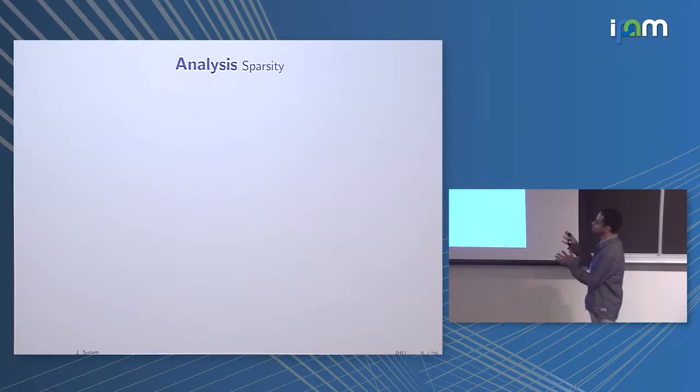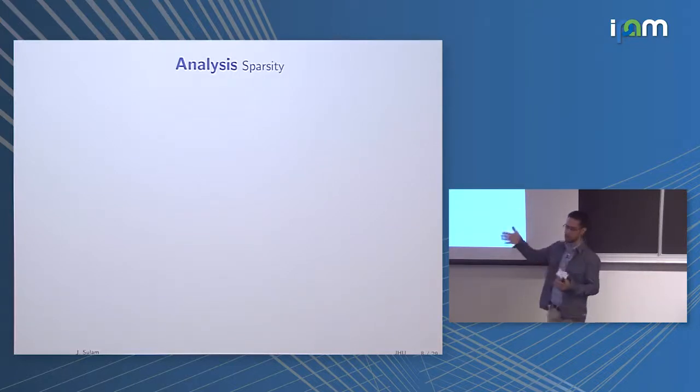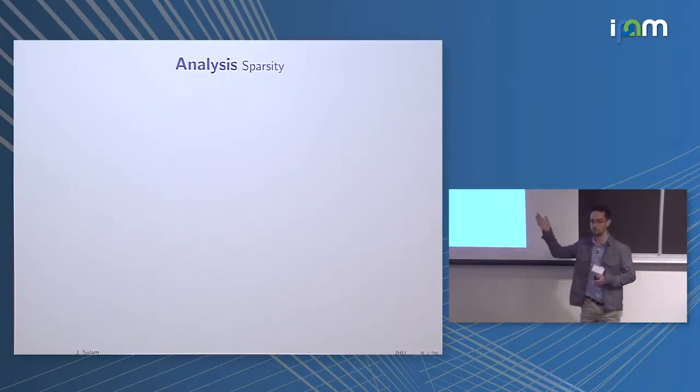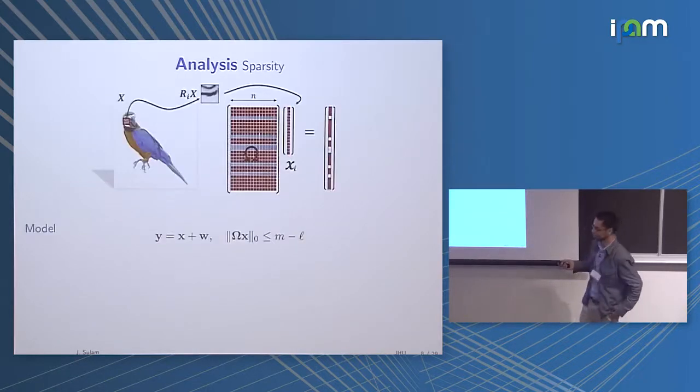Okay. Everything that I've described so far is actually called a synthesis sparse model. Why? Well, because you take some sparse vector and you multiply it by your dictionary, and that multiplication process synthesizes your signal. An alternative model is that of analysis sparsity, where now your signal X is not sparse, but it can be made sparse by multiplying it by an analysis operator, which analyzes your signal into a bunch of coefficients, and you would like these coefficients to have as many zeros as possible.